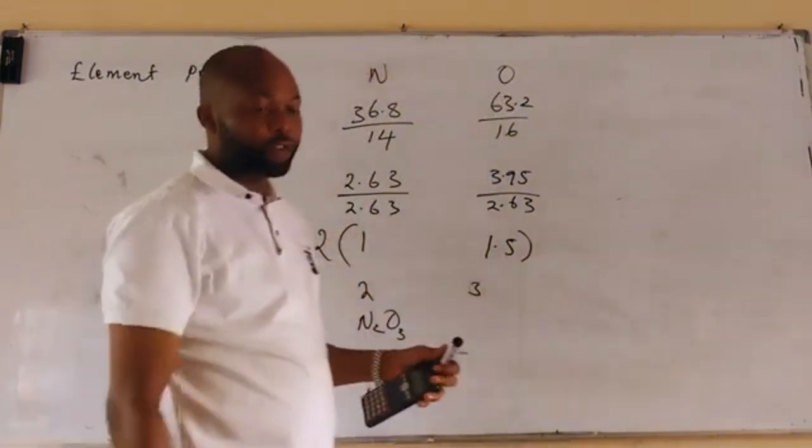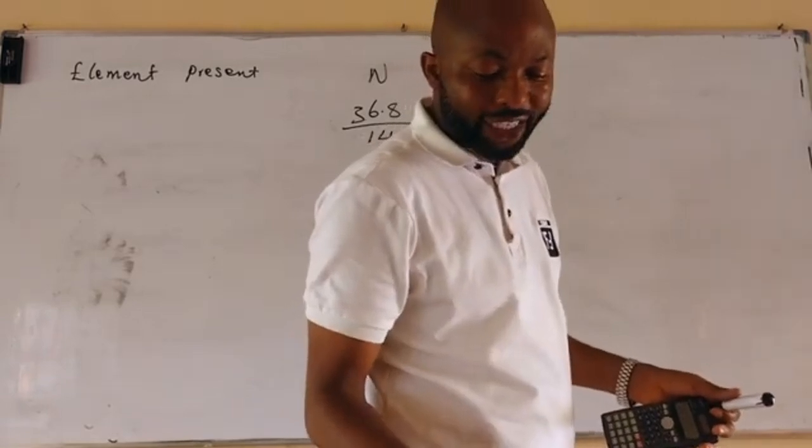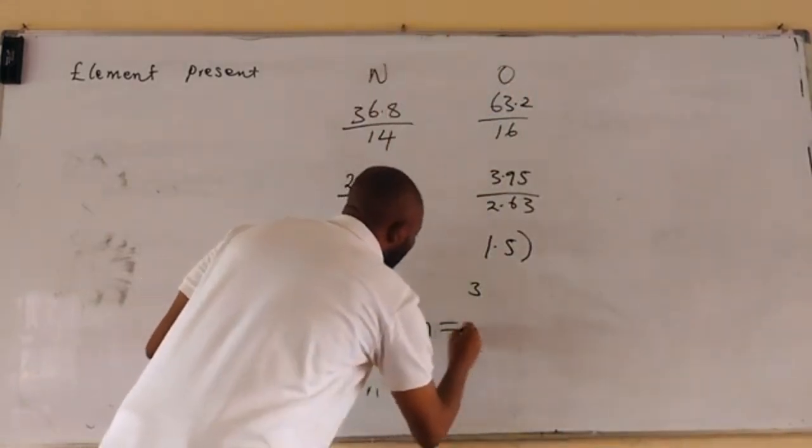B. They say I should find a molecular formula if the molecular mass is 76. So I can easily say this n is equal to 76.